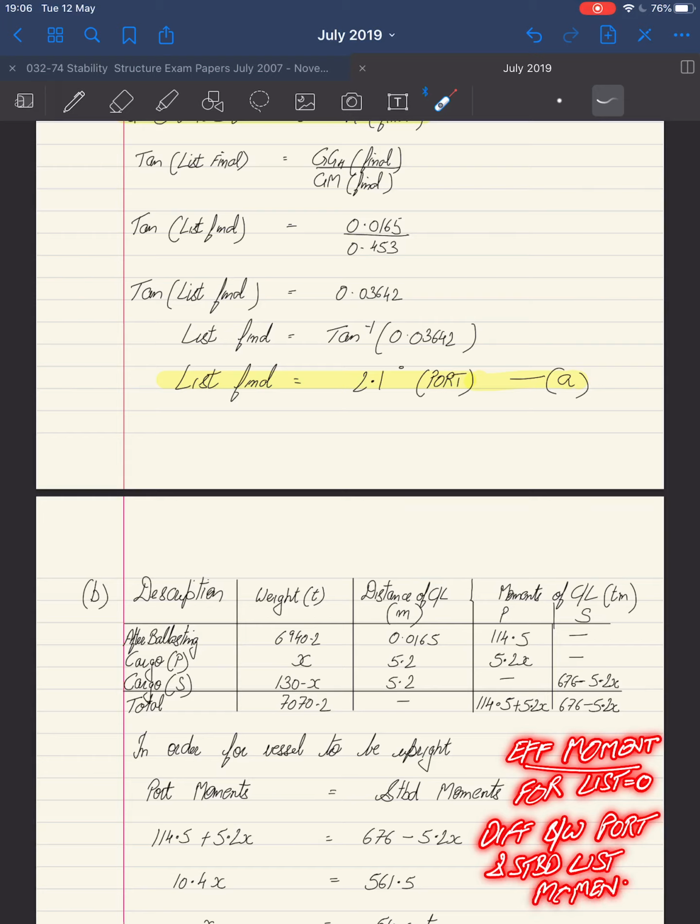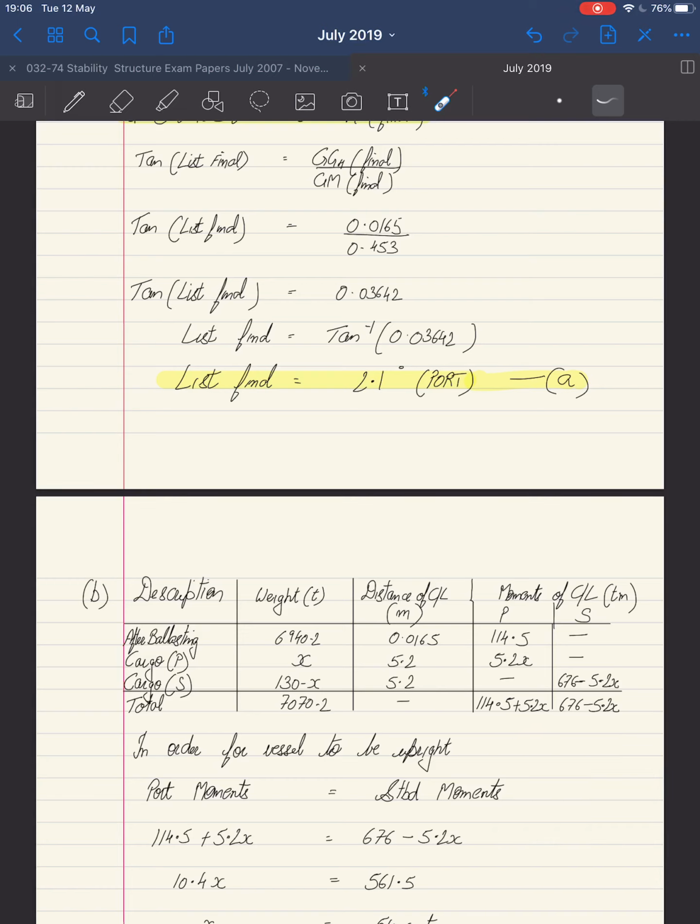Once the difference between port listing moments and starboard listing moments is 0, the vessel would be upright. In other words, port moments is equal to starboard moments, and in this case the vessel will be upright. So the port moments was 114.5 plus 5.2x, which we got from here, and starboard listing moment is 676 minus 5.2x, which is from here.